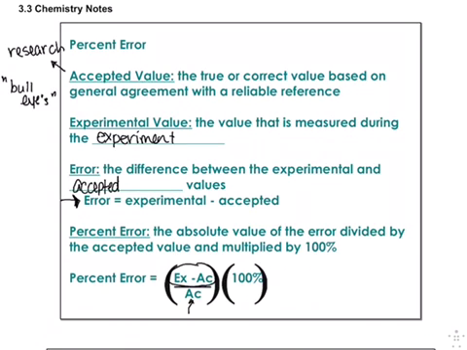And the smaller your percentage is here, the closer to the right or accepted value your answer is. So usually a percent error of less than 5% is good. Anything greater than 5 is concerning.